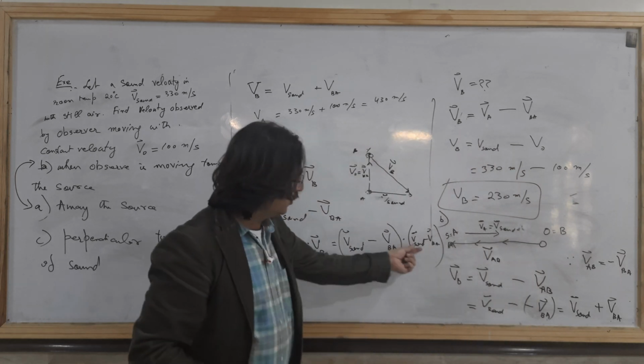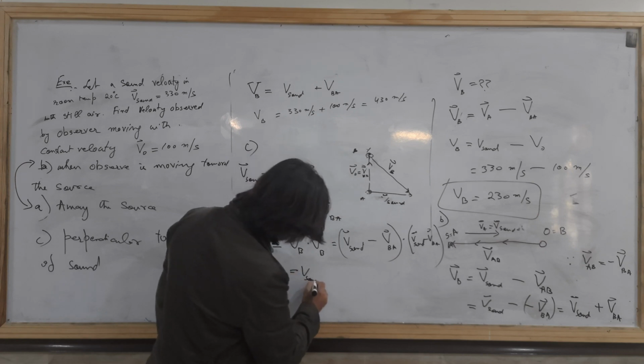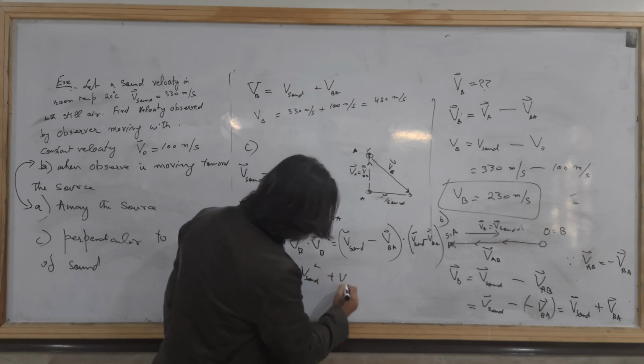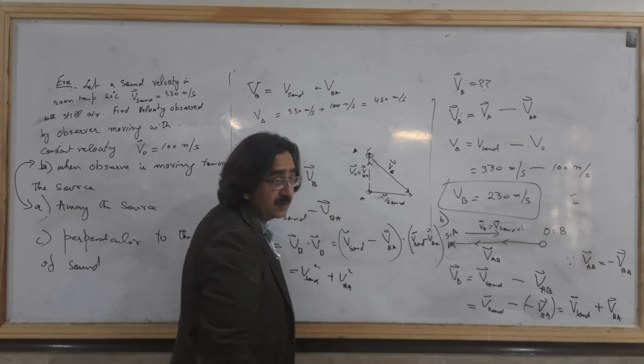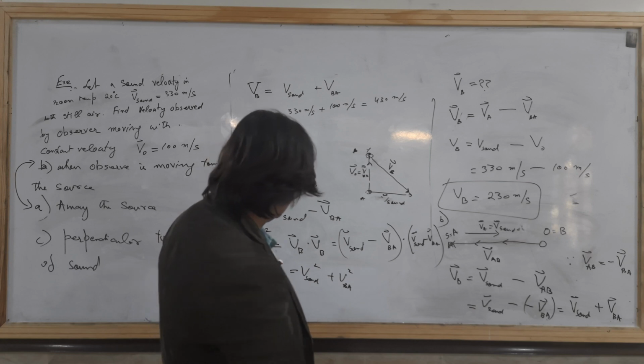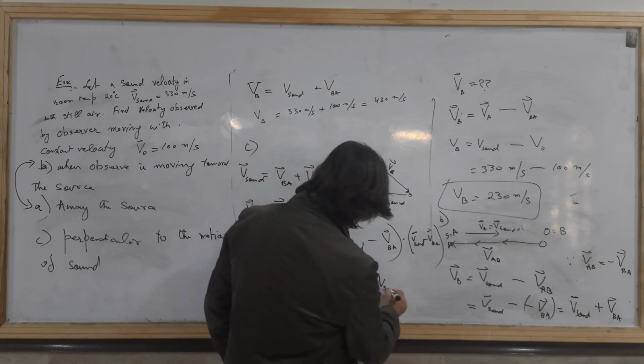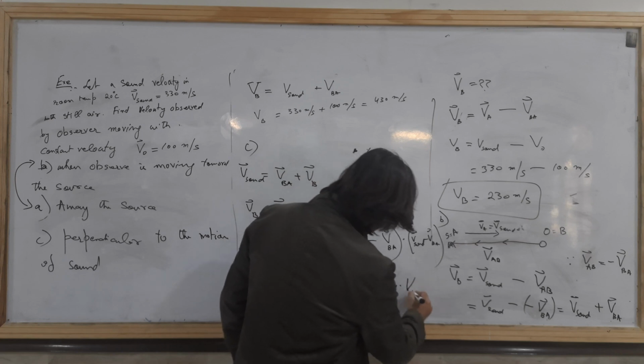When we take the dot product, this will be V sound square plus VBA square minus 2 V sound VBA dot product.